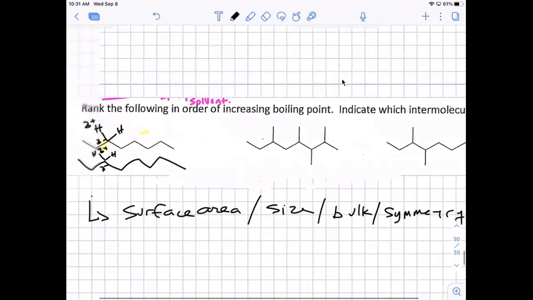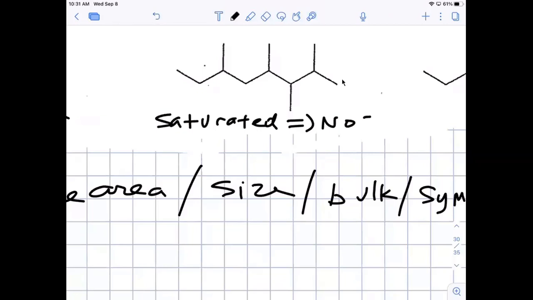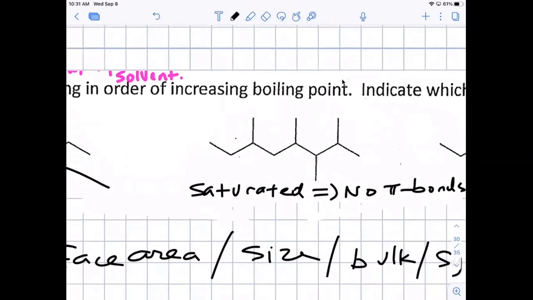These molecules are what we call saturated. Right, so no pi bonds. These are all alkenes. I'm sorry, not alkenes, alkanes.